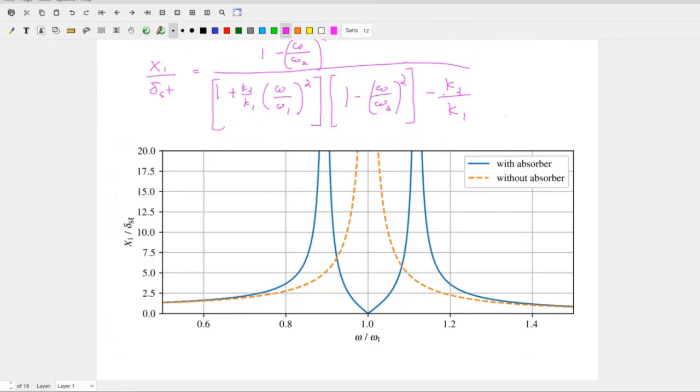So without an absorber, we enter into resonance at omega over omega 1. With an absorber, what happens? It goes to 0. It goes to 0 at which frequency? 1. The original resonance frequency.